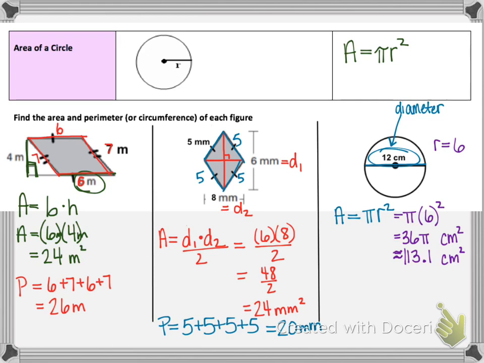Now let's talk about circumference. Circumference is, remember, the circle's fancy word for perimeter. So for circumference, we can use pi times the diameter. So if I do pi times the diameter, my diameter is 12, so I have 12 pi centimeters.